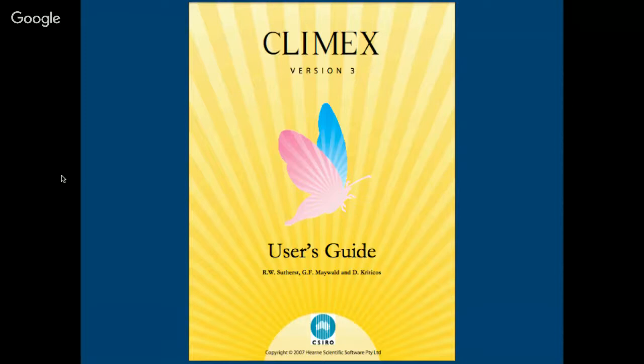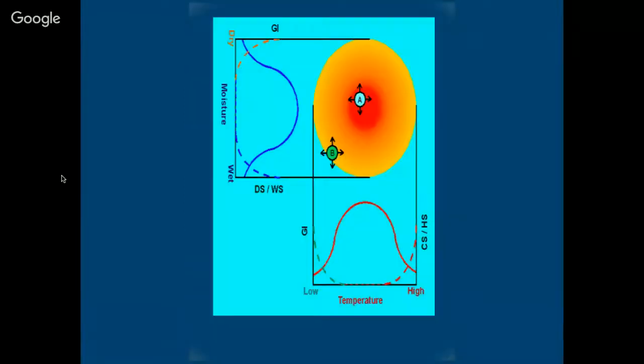Here you can see version 3 of its user's guide. And essentially, and I'm not the best person in the world to explain Climex, but essentially Climex is built around this idea of a niche being requirements with respect to abiotic conditions across landscapes. And it's built around the idea of optima near the middle of the niche, and then increasing stress near the edges of the niche.